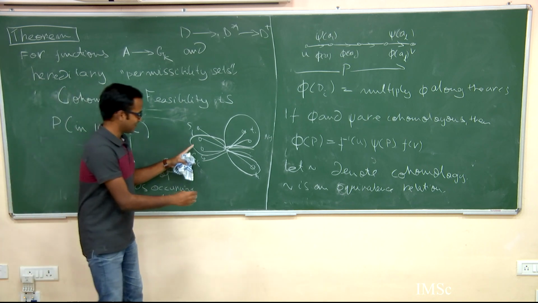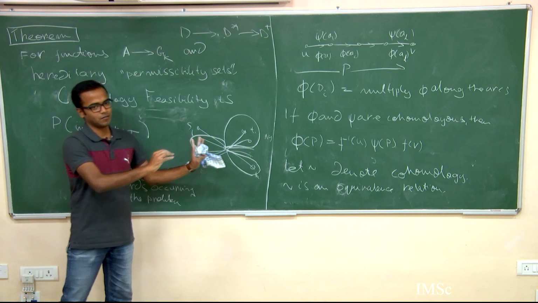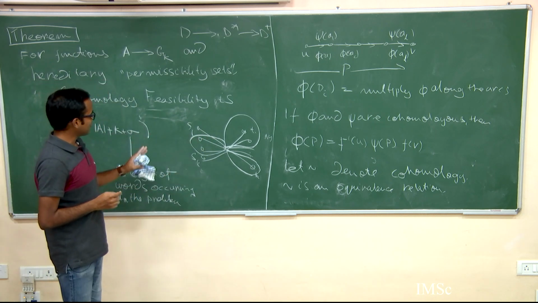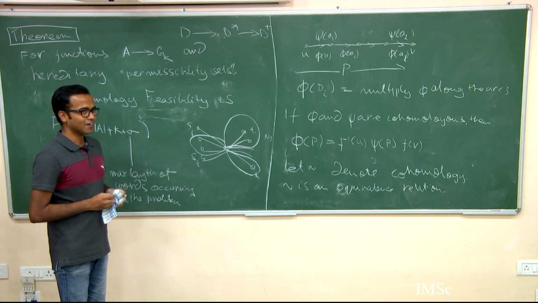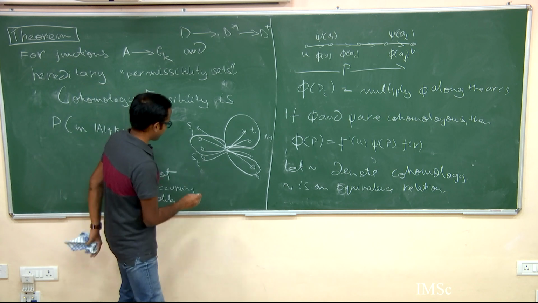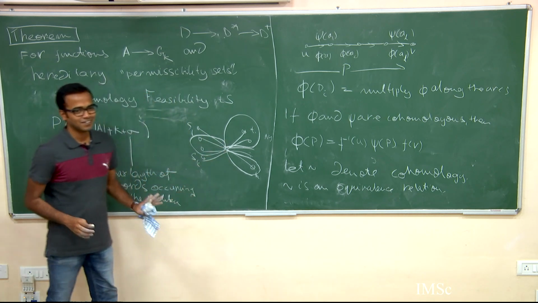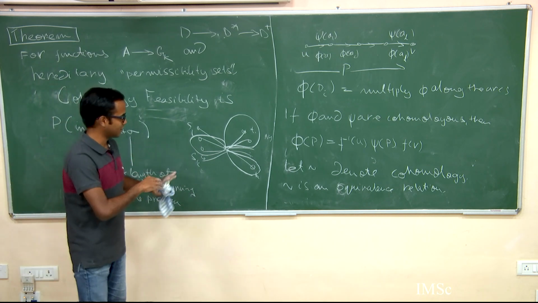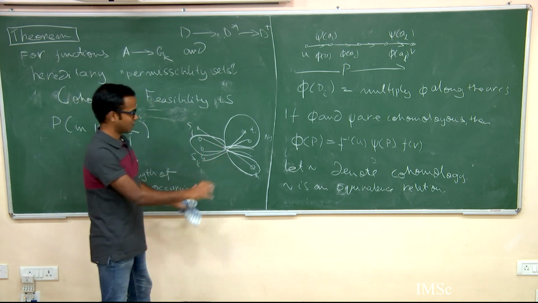Then you can contract that into something like this, and this will again be planar. The argument we use is that these loops go around the terminals, and that's how we enumerate the configurations: how many ways the loops go around the terminals.